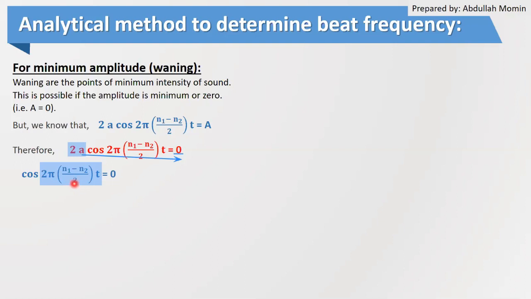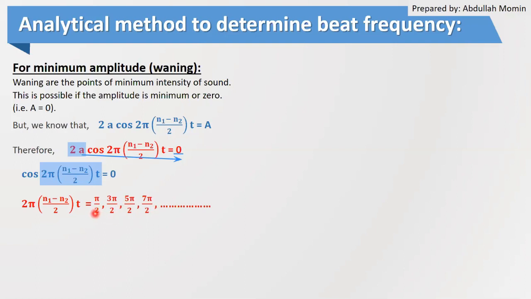So the possible values of 2 pi (n1 minus n2) divided by 2 into t, we can write as pi by 2, 3 pi by 2, 5 pi by 2, 7 pi by 2.